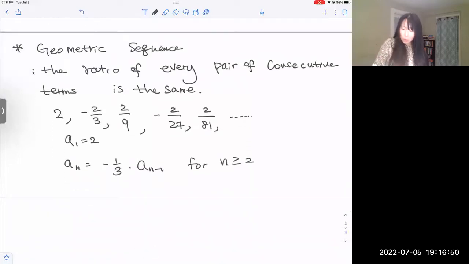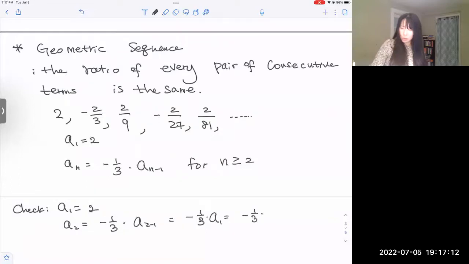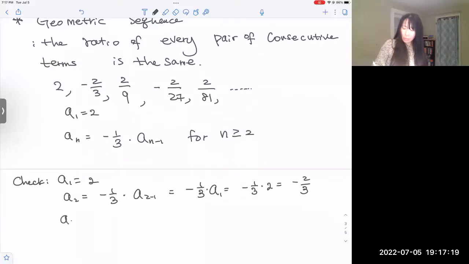A sub 1 equals 2. A sub 2 equals negative 1/3 times a sub 2 minus 1, equal to negative 1/3 times a sub 1. A sub 1 was 2, so we get negative 1/3 times 2, right? Which is negative 2/3.